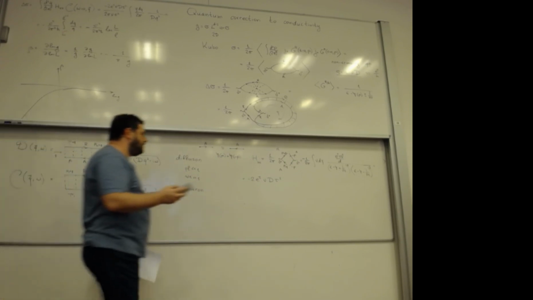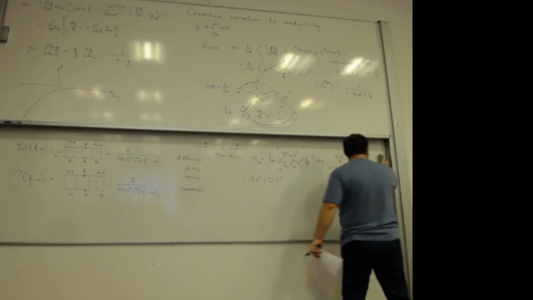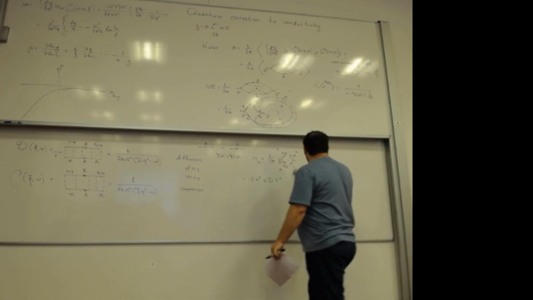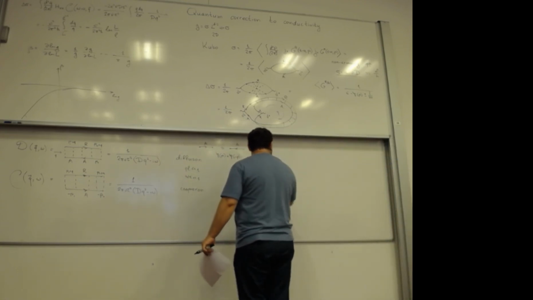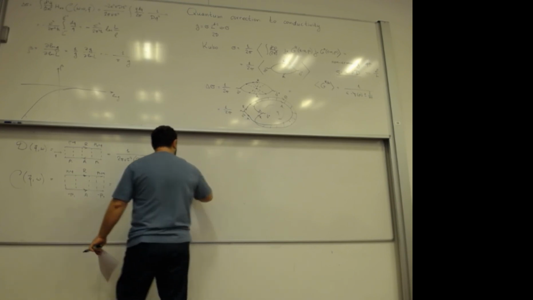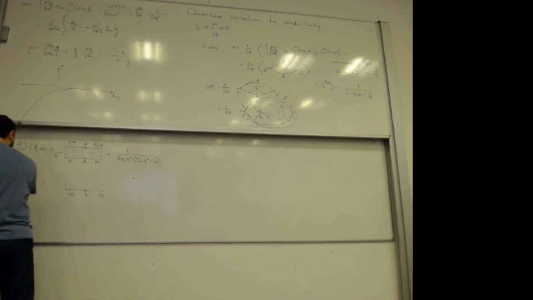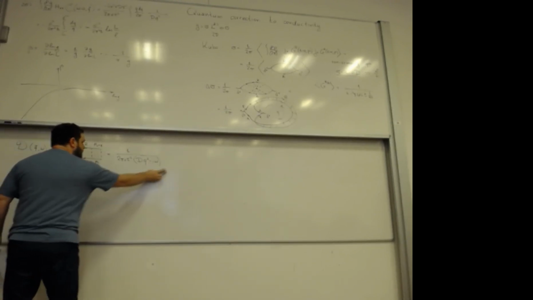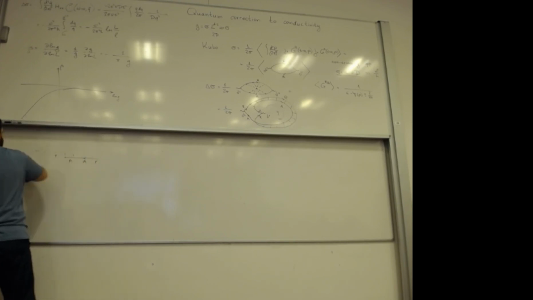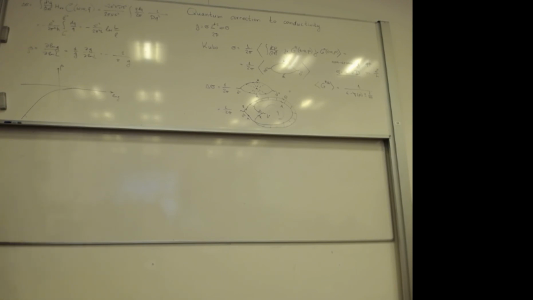So let us now discuss the following generalization of this calculation, namely what happens if we recall that electrons in metals actually have spin.